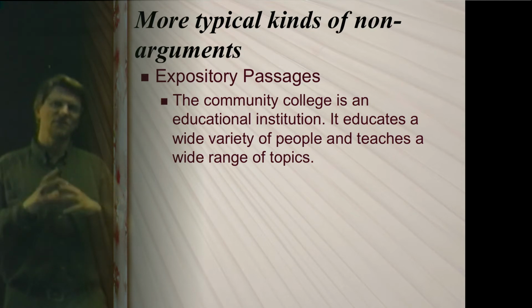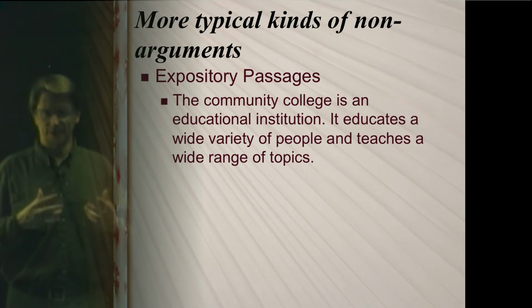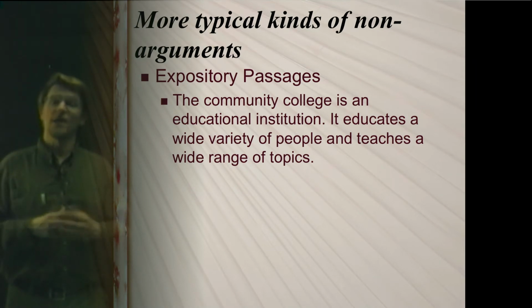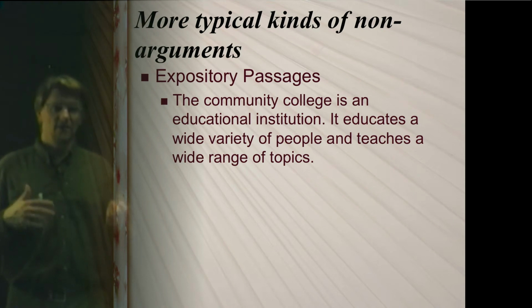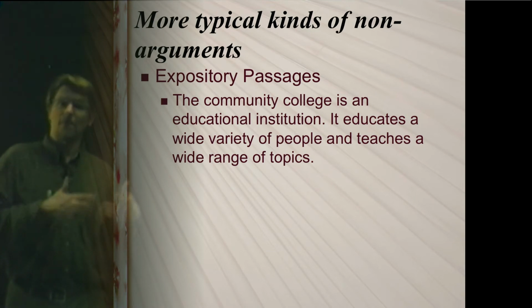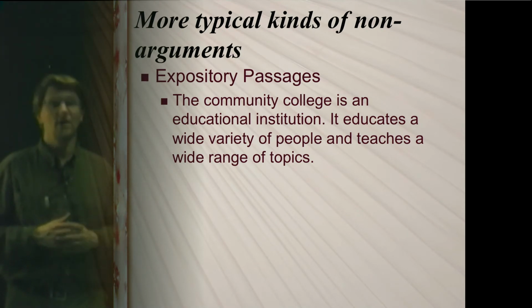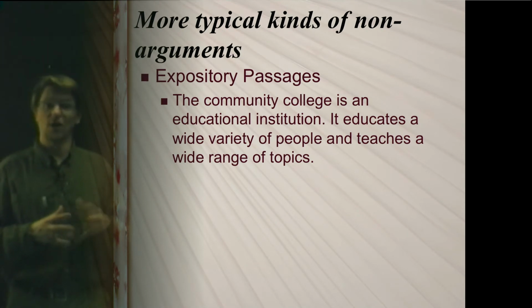Now, this is a point at which I need to let you know that what makes something an argument is, to some extent, context dependent. So in other words, if somebody said, you know what, community colleges are not educational institutions, and I then offered in response to them this passage and said, no, in fact, you're wrong. The community college is an educational institution. It educates a wide variety of people and teaches a wide range of topics.